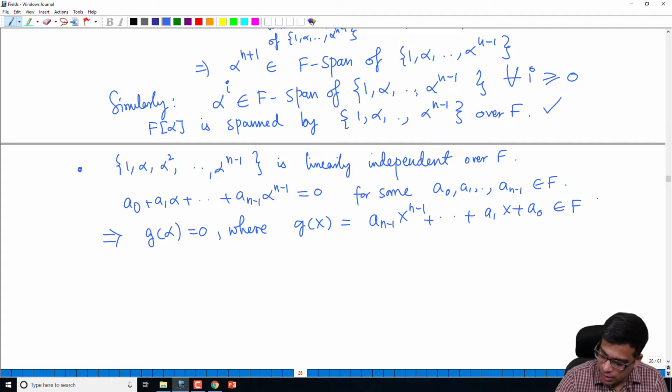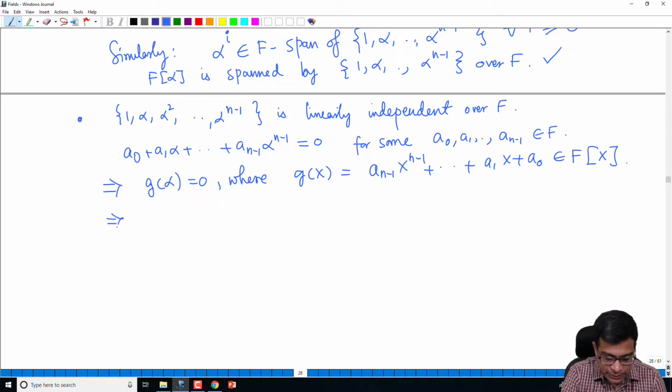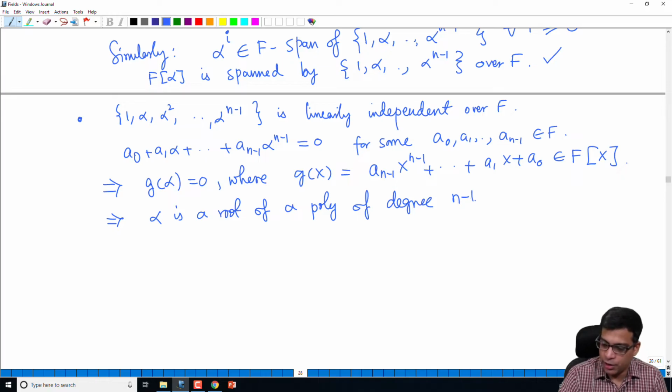This of course is in capital F[x]. But this implies alpha is a root of a polynomial of degree n minus 1, which is strictly less than n.